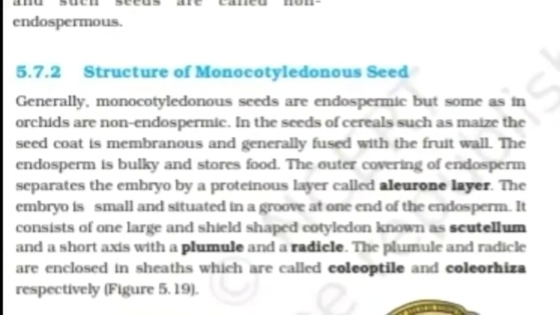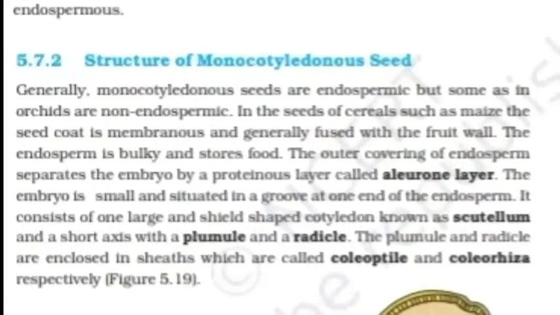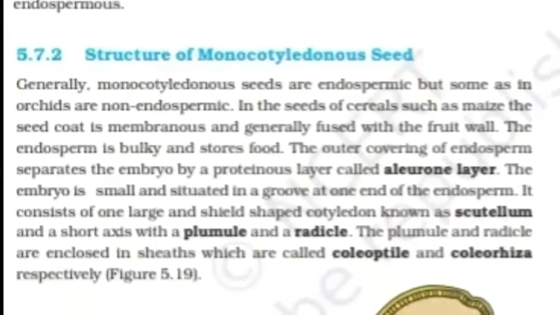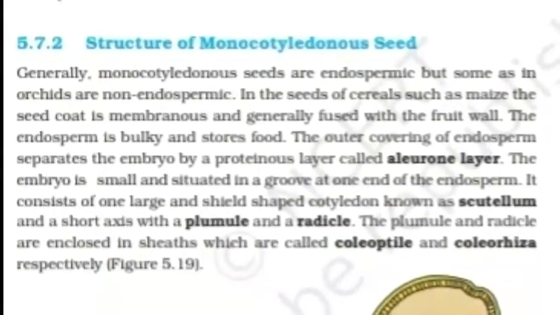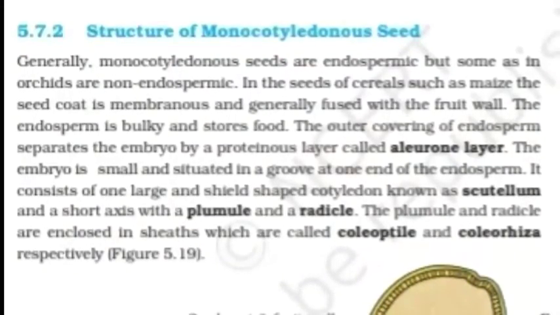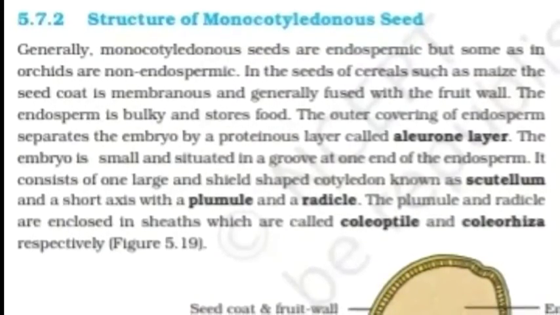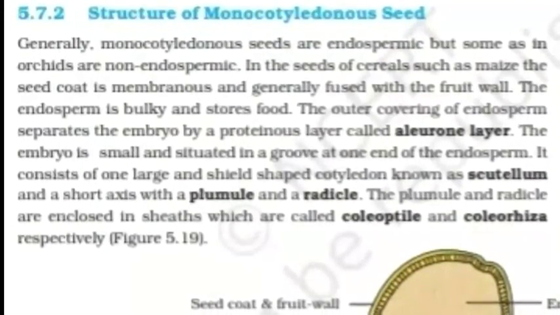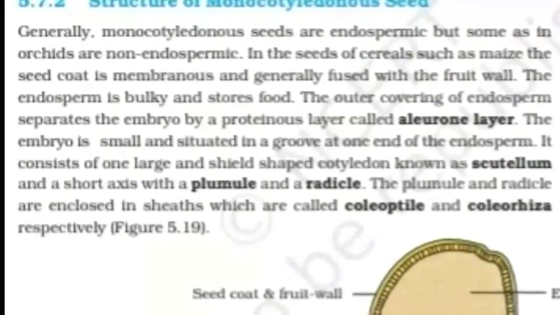It consists of one large and shield-shaped cotyledon known as the scutellum and a short axis with a plumule and a radicle. The plumule and radicle are enclosed in sheaths called coleoptile and coleorhiza respectively.